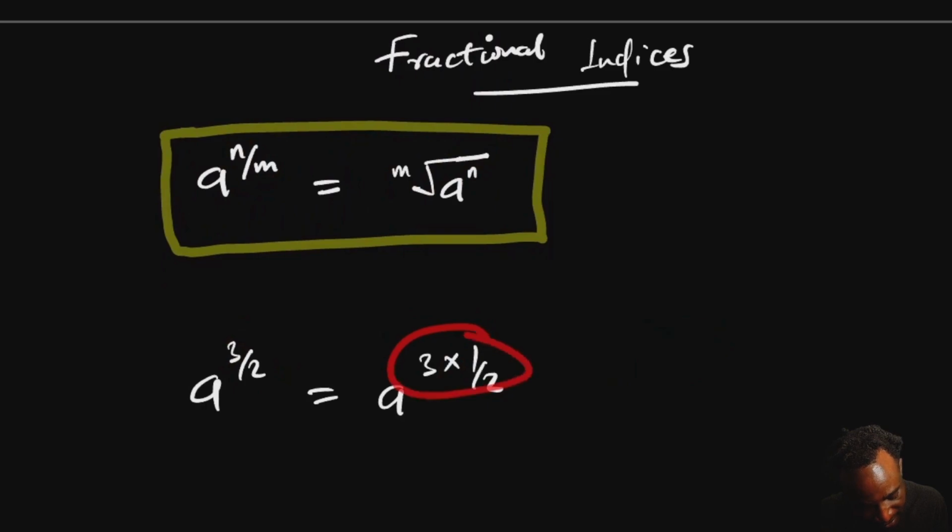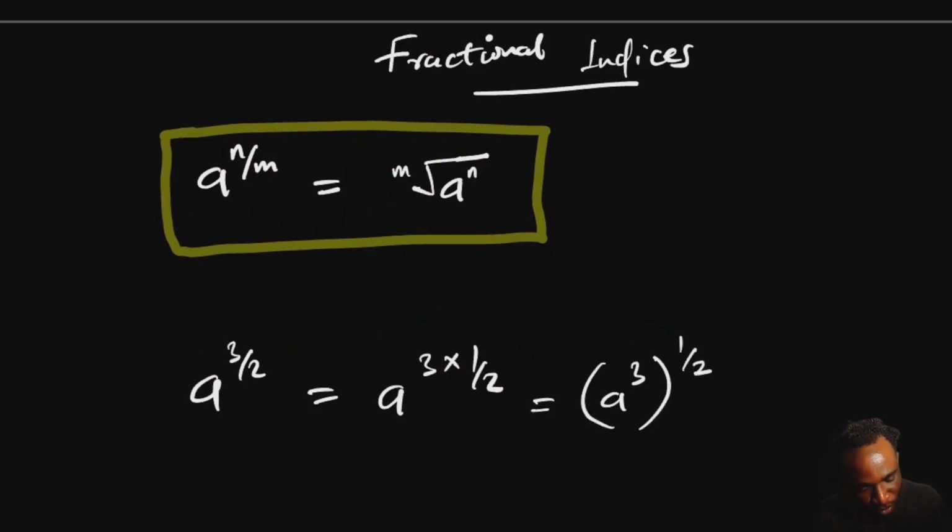We can also rewrite this like we saw in the brackets law, the power of powers law, as a raised to the power 3 in a bracket 1 over 2. So still the numerator as the primary and the rest, that's 1 over the denominator, as the secondary.